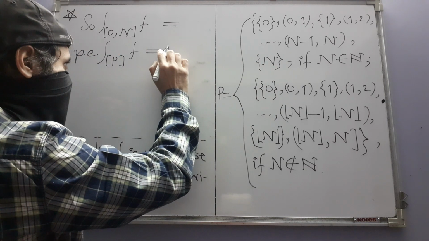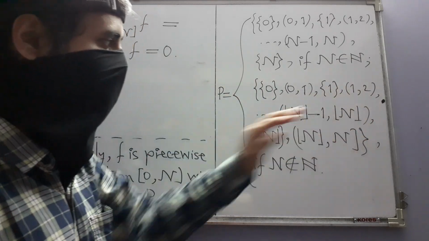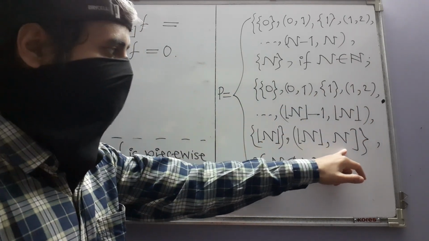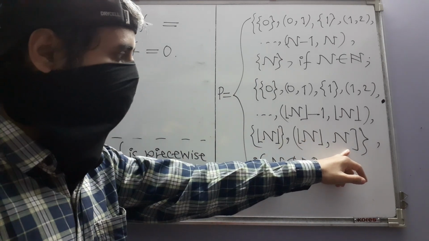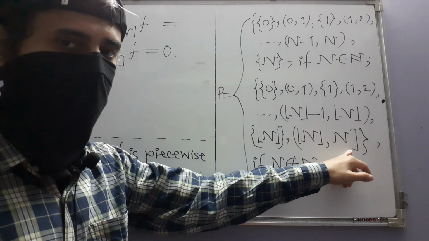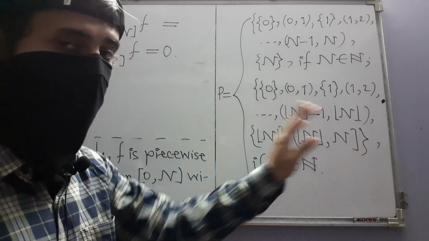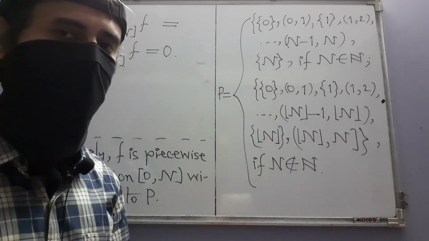Is it also the second case? Yes. The second case is almost exactly as the first one up to this point. But what about this? On this interval, f is identically 0. Why? Because note that now capital N is not an integer. It's not a natural number, so it's not an integer.